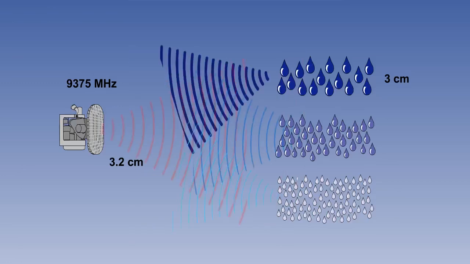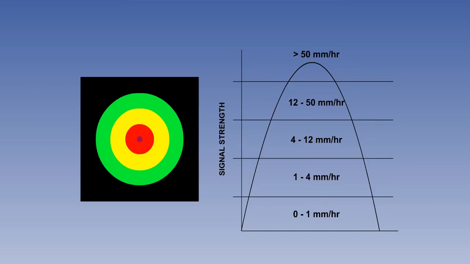Let's summarize this lesson. The frequency used is 9375 MHz because it gives good returns from large water droplets and heavy precipitation. The color gradation indicates the water droplet size. Green is the smallest, then yellow, red, and finally magenta, which is the largest.